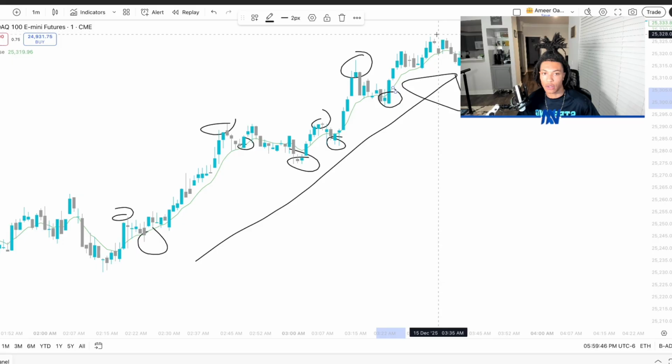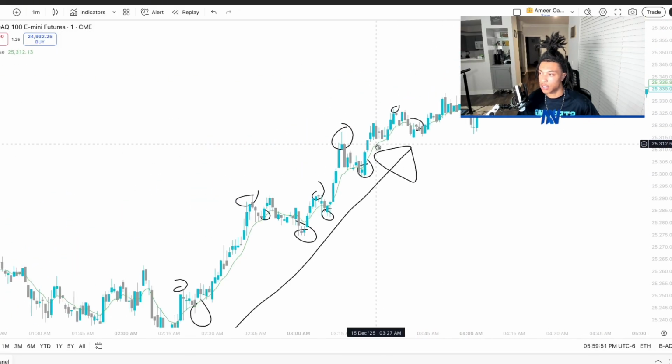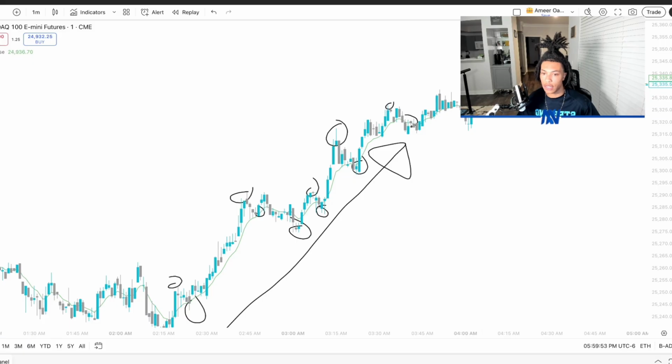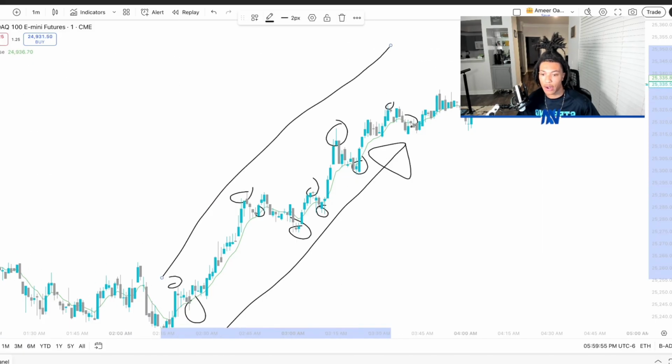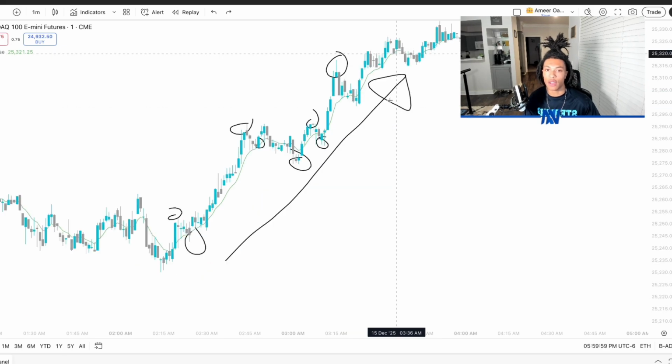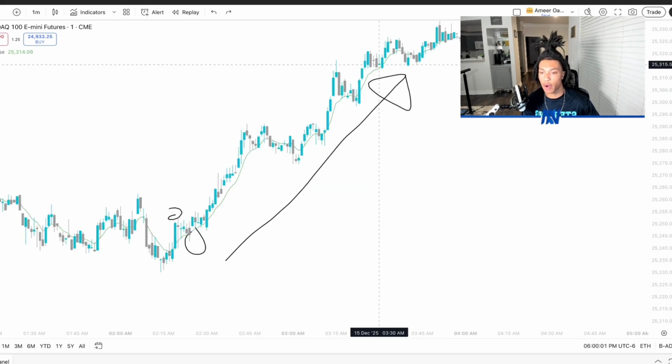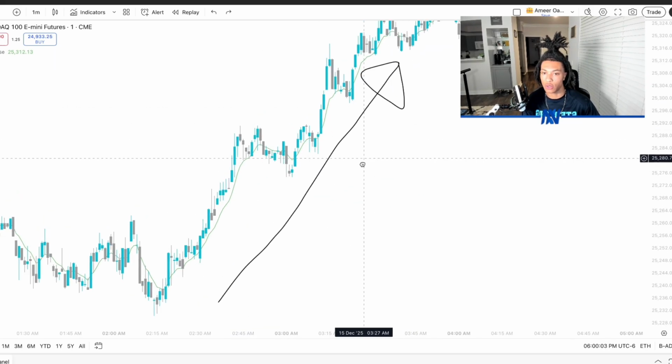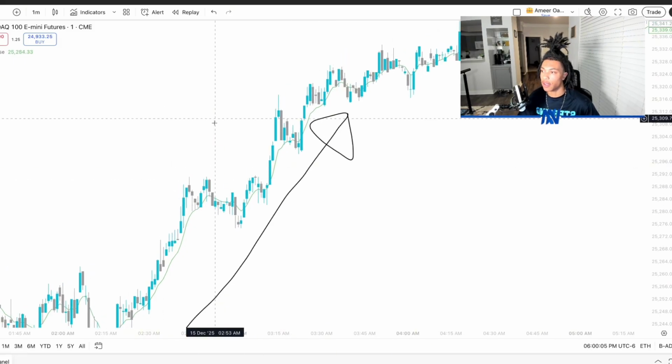Higher high, higher low, higher high, higher low. And then it continues to go to the upside. You see it's higher highs and higher lows being formed over or near this 8 EMA. What we want is for price to make those higher highs and higher lows over the 8 EMA to signify a strong bullish trend going to the upside.